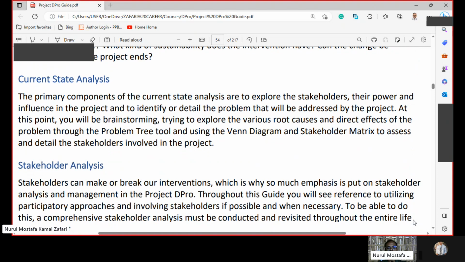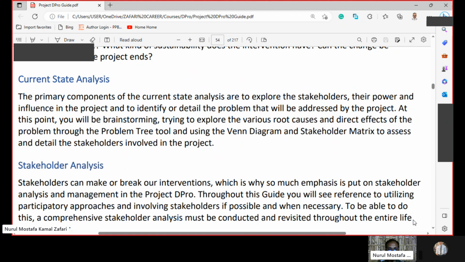Now, a brief discussion on current state analysis. The primary components of the current state analysis are to explore the stakeholders, their power and influence in the project, and to identify or detail the problem that will be addressed by the project.